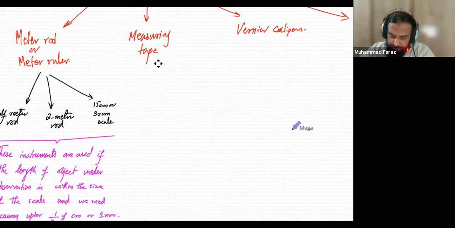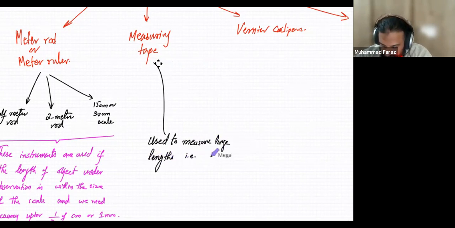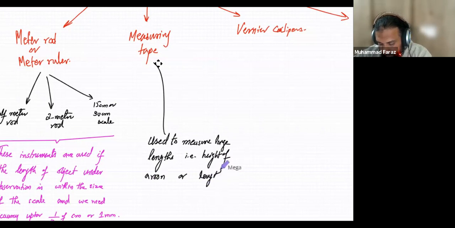So everything about the measuring tape is the same. It is used to measure large lengths, like the height of a room or the length of a car.